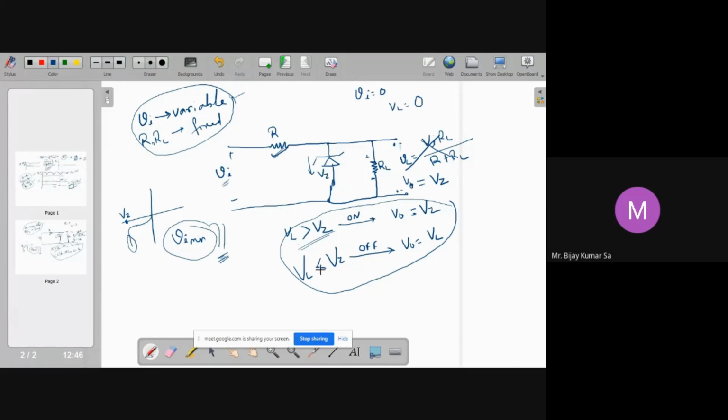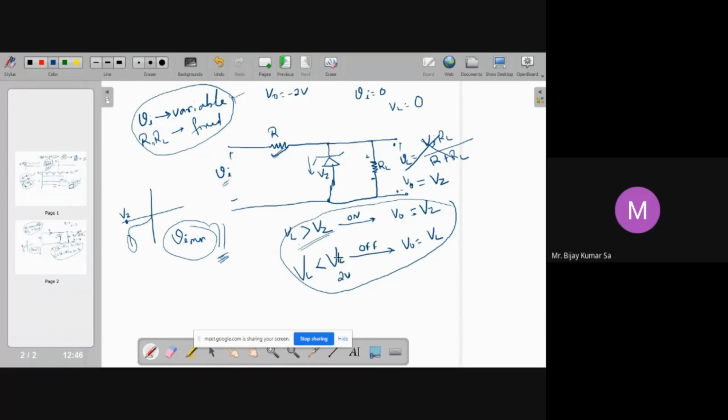No. So 0 is less than Vz because Vz has to be some finite quantity. Are you getting? So in that case, the zener diode is off. Let's say the Vz is 2 volt. 2 volt means Vd is equal to minus 2 volt.